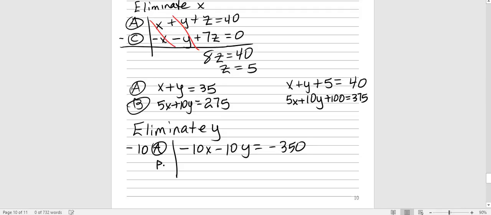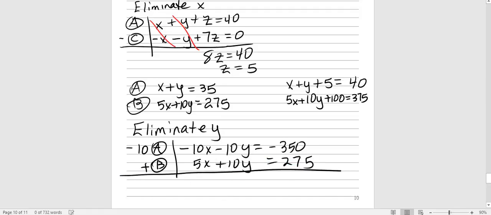And then I'm going to add that to equation B, 5x plus 10y equals 275. I'm going to add these two equations together. The y's, of course, are going to be eliminated. And I'm left with negative 5x equals negative 75. So when I divide both sides of this equation by negative 5, x is 15.